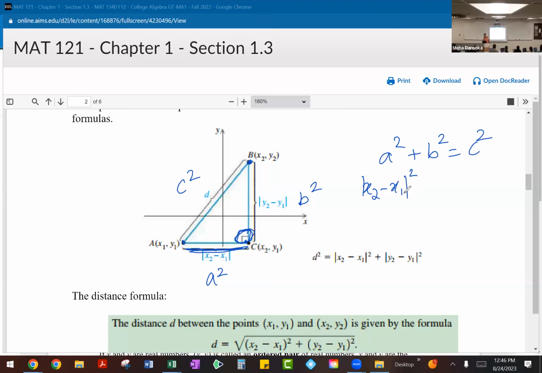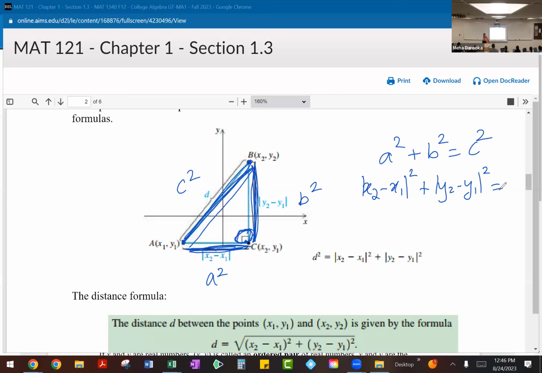You can actually change those to parentheses. That would be the horizontal distance between those two points, the distance for a, one of our legs. To calculate the distance for b, that would be the difference between our two y values. So that becomes the b squared. And this would, of course, equal the hypotenuse, which would be this distance over here.